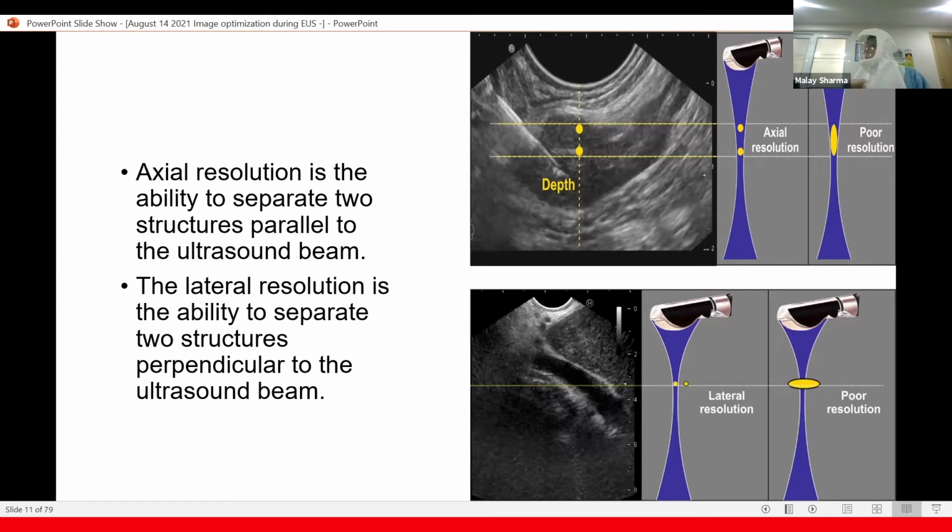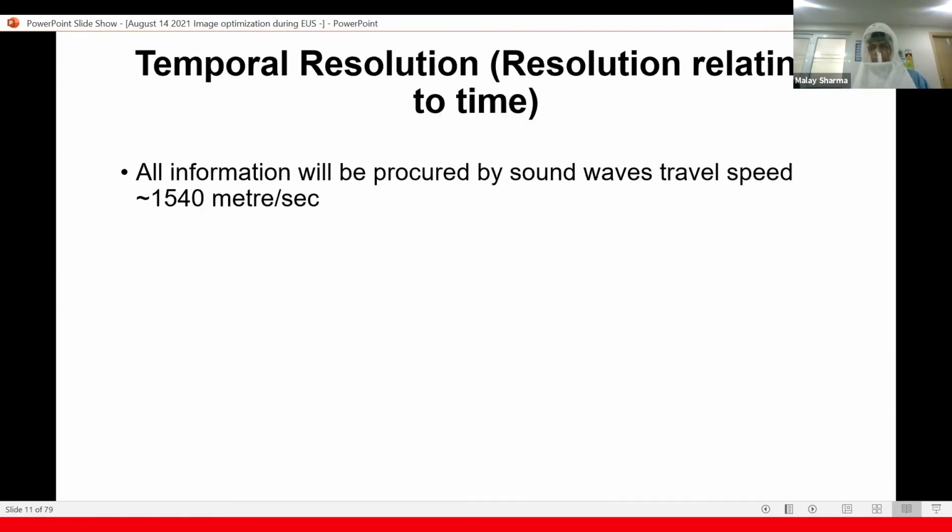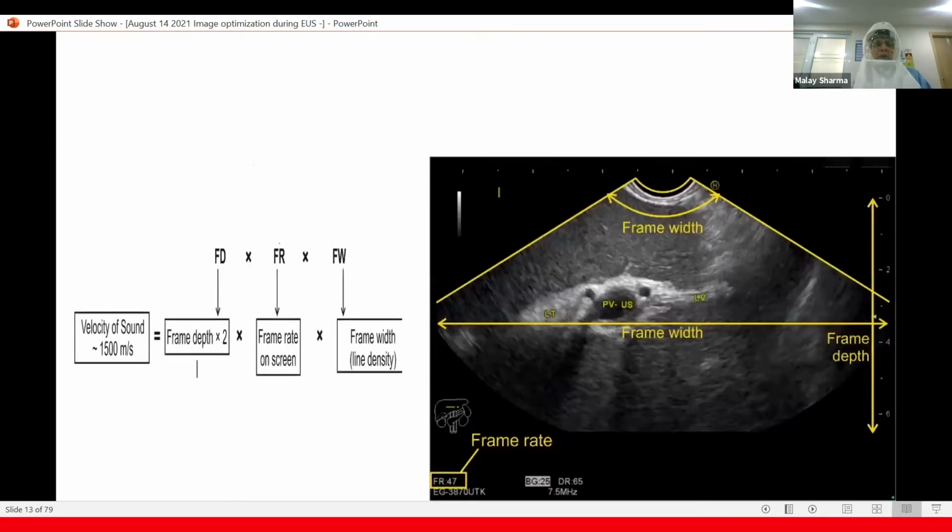Lateral resolution is along this axis. Temporal resolution is time. We will demonstrate these smaller tricks of axial, temporal and contrast resolution to you during the workshop today.